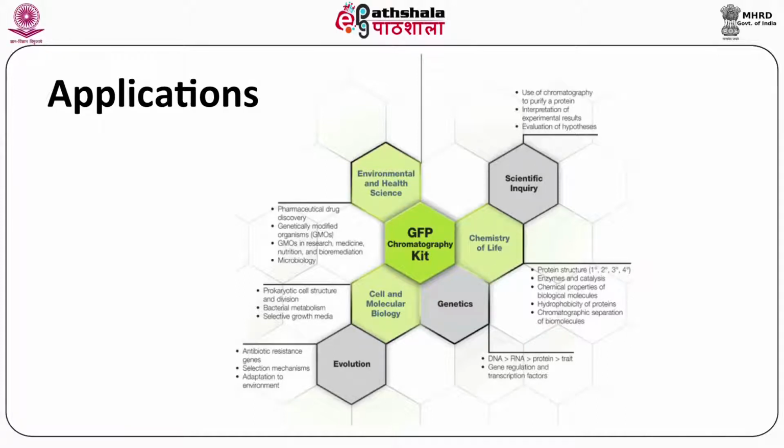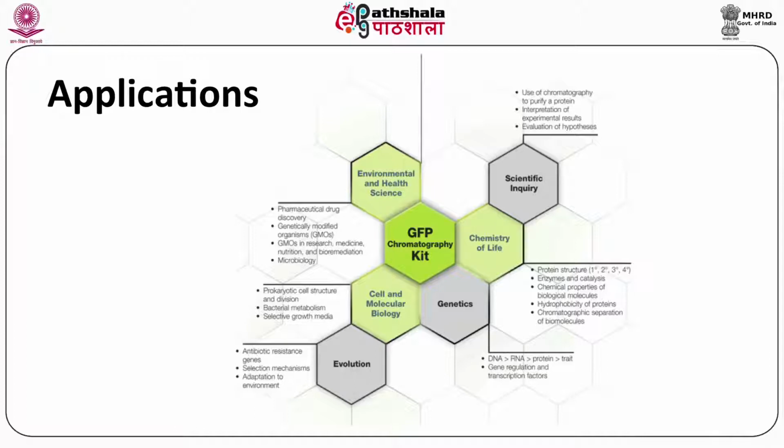It can be utilized in microbiology. Then GFP can be used for cell and molecular biology assays, such as prokaryotic and eukaryotic cell structure and division can be analyzed. Bacterial metabolism can be analyzed and cells in a selective growth media can be analyzed.